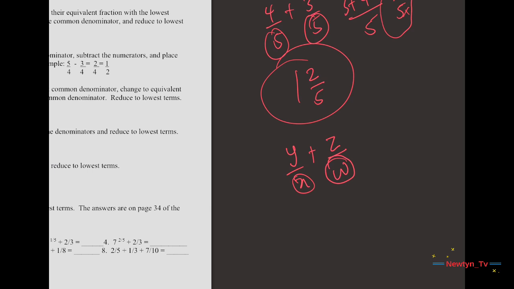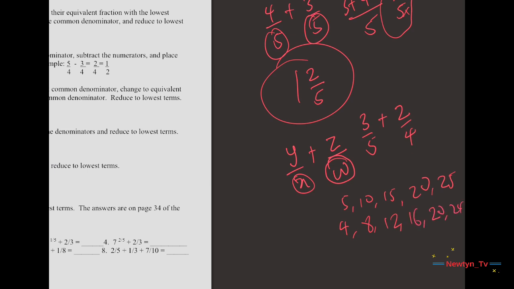So let's look at some numbers right here. Let's say we have 3 on 5 plus 2 on 4, right? Now let's look at some multiples of 5. So 5, 10, 15, 20, then 25. Now let's look at multiples of 4. We have 4, 8, 12, 16, 20, 24.